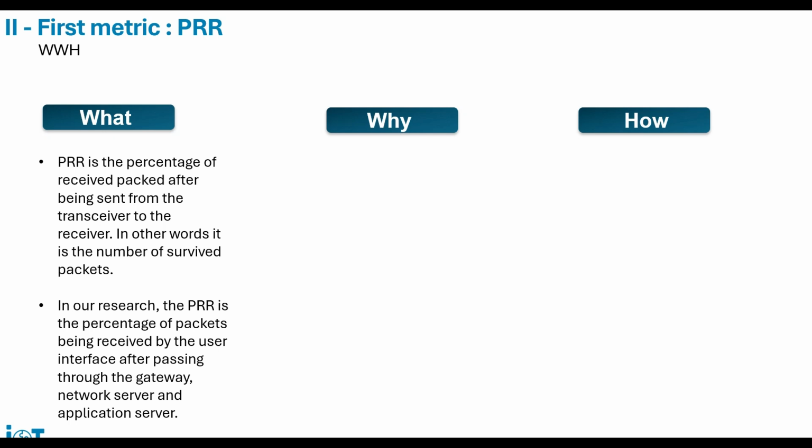In other research, packet reception rate could be only the number of packets received by the gateway or by the network server. But in our case, we are testing at the user interface point, so it is the number of packets received in the IoT platform part, and we will explain this later.